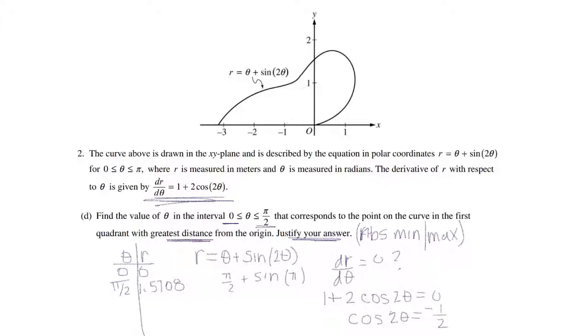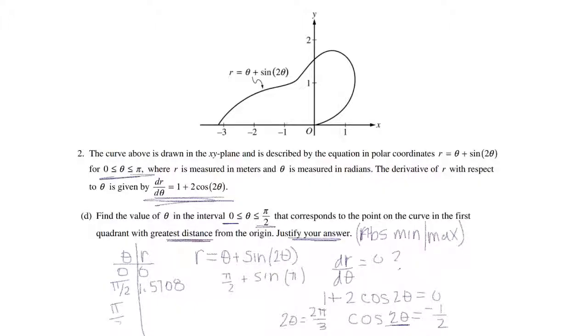Well, that's going to be at 2 pi over 3, I would estimate, because we need to be negative, and we're just dealing between 0 and pi. So 2 theta has to equal, in the second quadrant, 2 pi over 3, I would expect. And so that means theta is 2 pi over 6, which is just pi over 3.